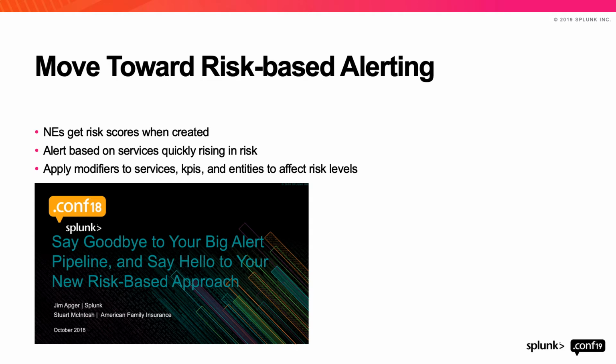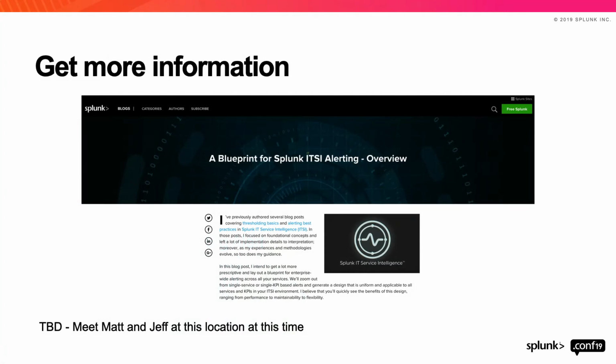As more and more notable events are grouped together with a risk value, I can sum them all up and say this episode has an aggregate risk level of 406, which is greater than my 400 level threshold, so I want to alert on that. So you start to bubble up the riskiest services, episodes, or groups inside of the environment to go look at.